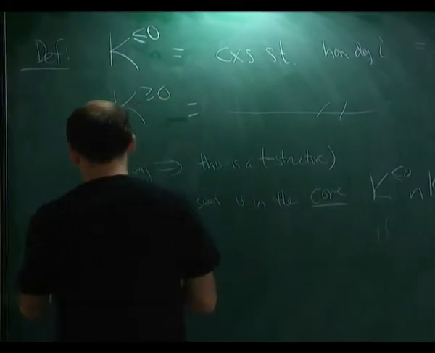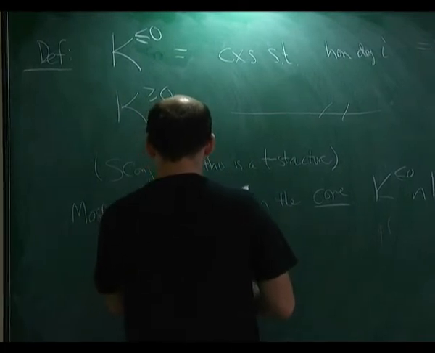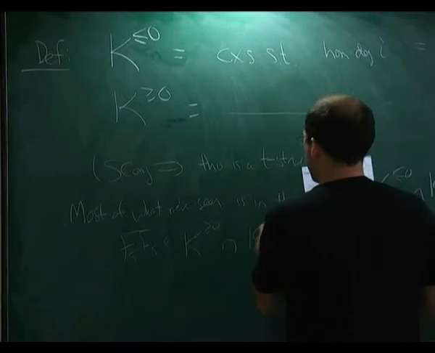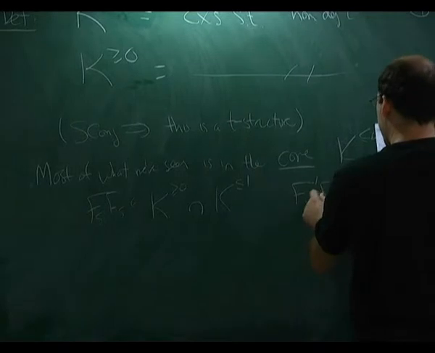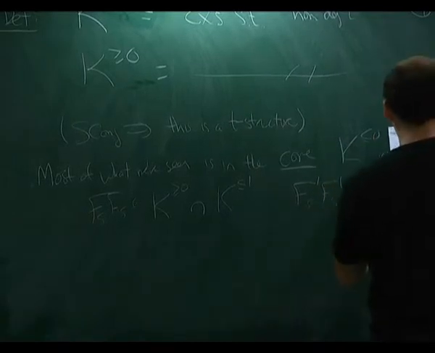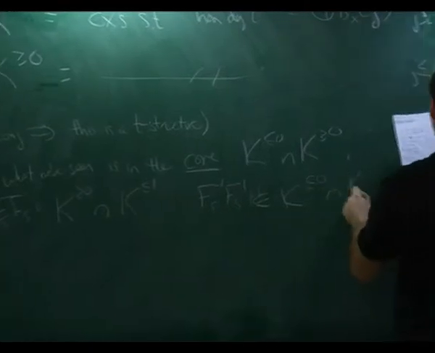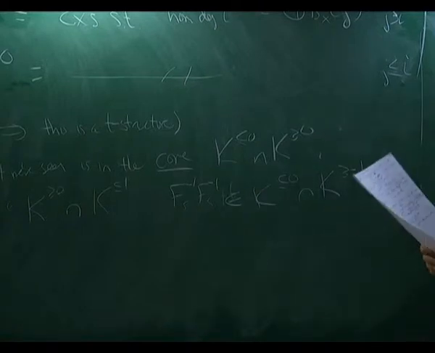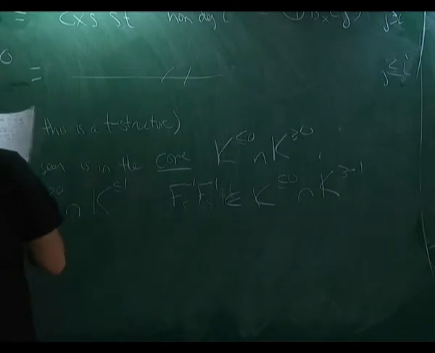But in fact, FSFS, for instance, was in K bigger than or equal to 0 intersected K less than or equal to 1, whereas FS inverse, if you did that calculation, would be in K less than or equal to 0 intersected K bigger than or equal to -1. So those aren't actually in the core. But they're measurably far away from the core. So here's the exercise.